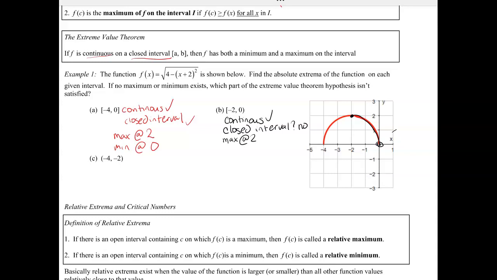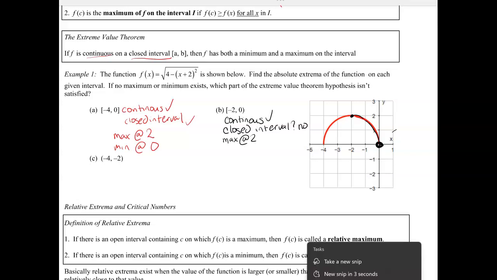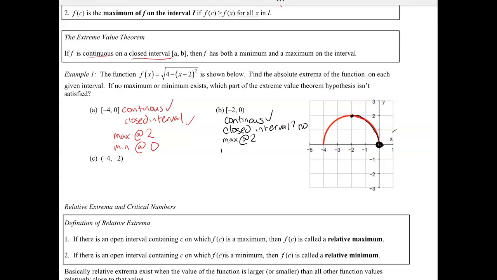But my minimum is normally at 0, and right now I've got this open circle sitting here, so I can get really, really close to 0, but it's not actually at 0. Since I can't determine how many zeros go in front of a 1, I can't say that I necessarily have a minimum at a certain point. So in this particular case, there would be no minimum.